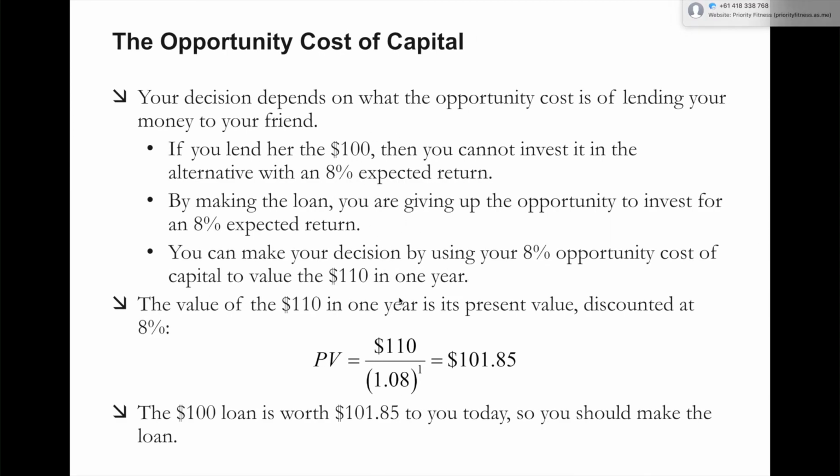Which is what I discussed over here. So you are better off if you lend money to a friend, where you get $110, compared to doing this investment elsewhere, which would be only $108.